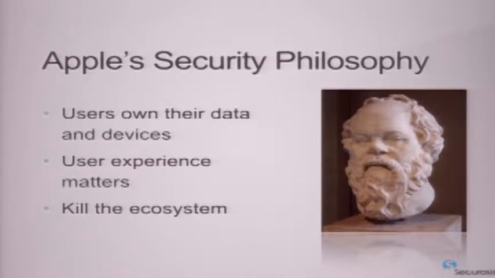There is employer-owned equipment, and there's personal-owned. And Apple is not going to sacrifice the user experience for employee-owned equipment, and they think that we, the owners of that equipment, that our data is ours, and that these devices are ours.